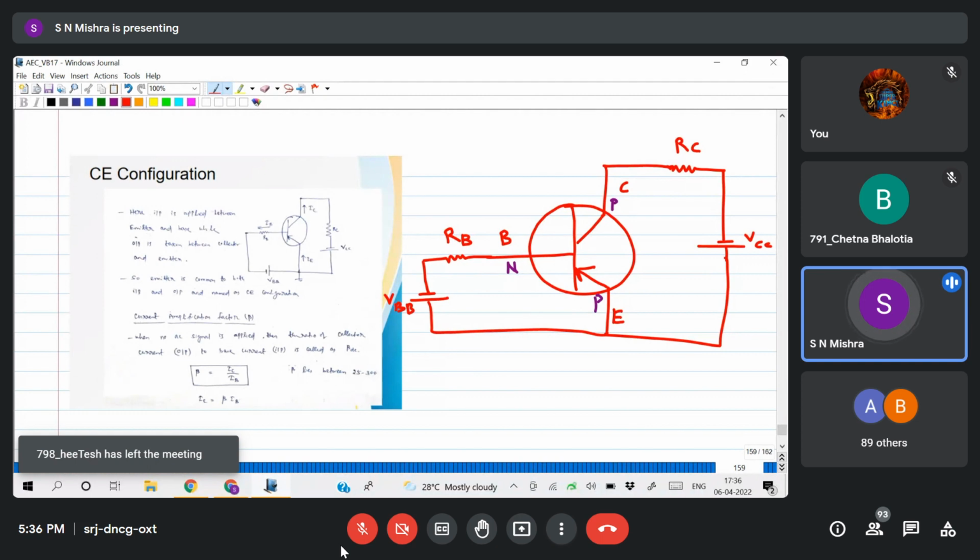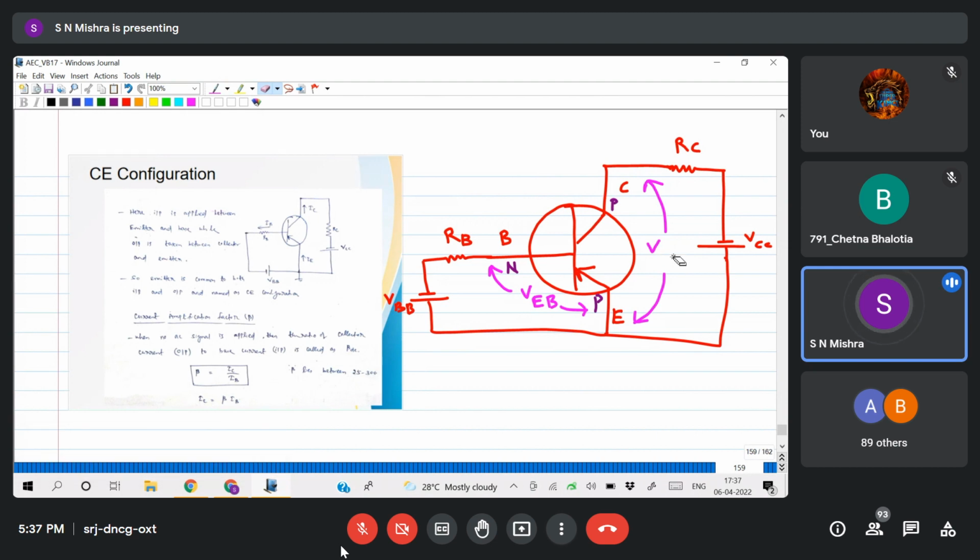Now between these two, this is VEB, forward biased, and between this is VCE, or you can also write VEC because directly it is seen. Why am I writing VCE?